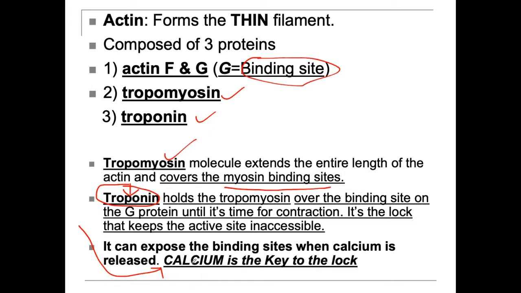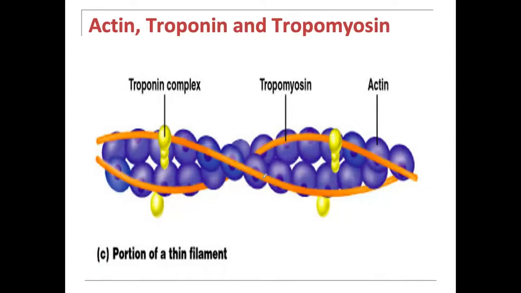So when that calcium is released from the sarcoplasmic reticulum and hits the sarcomere, it goes after troponin. Troponin gets plucked out, and then tropomyosin, nothing is holding it in place. It shifts or moves, and now there's nothing covering the binding site. And that's when myosin attaches to it.